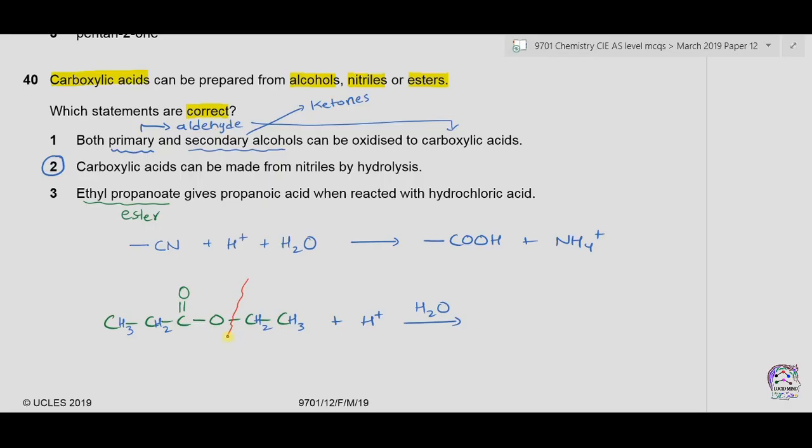The first part will give carboxylic acid and the second part will give alcohol, and the products will be CH3CH2C=O OH, along with CH3CH2OH. As this is propanoic acid, so therefore option 3 is also correct. So therefore answer is C.